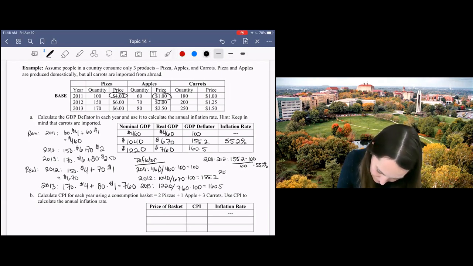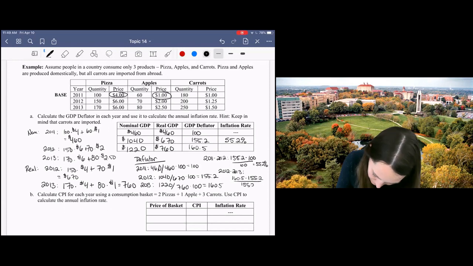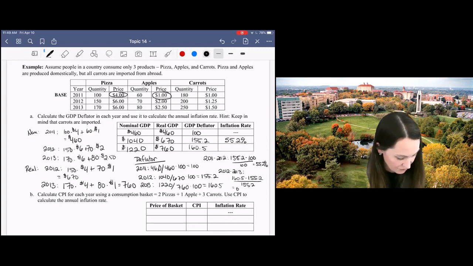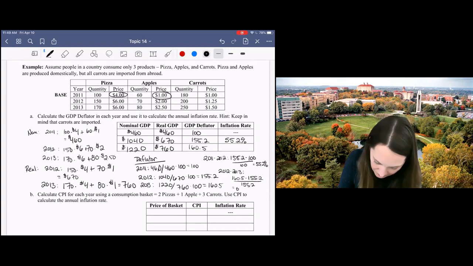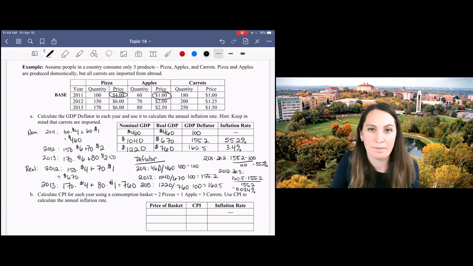And then from 2012 to 2013, I've got 160.5 minus 155.2 divided by 155.2, which if you plug into your calculator is going to give you 0.034, or 3.4% rate of inflation.